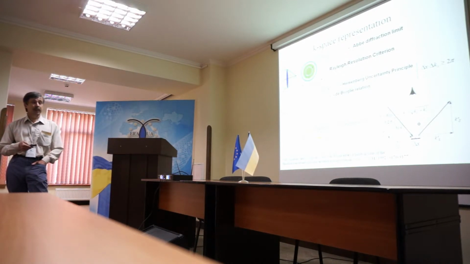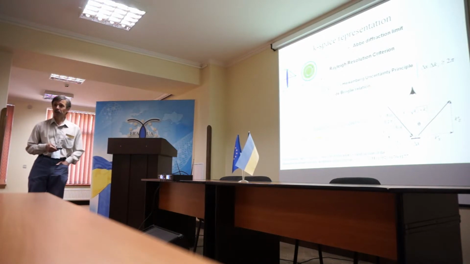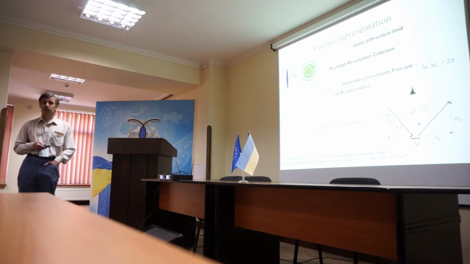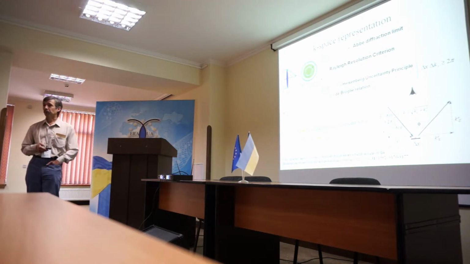But it's not a restriction for obtaining information by optics from objects with a size smaller than half of the wavelength. The only point is that the information will be hidden not in the propagating photon, but in the evanescent wave, which doesn't come to our detector in the standard way. And that was the reason that for a short period, for example, near-field optics was called the optics of evanescent waves.